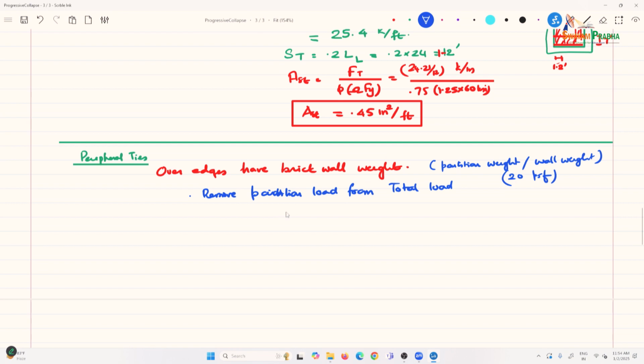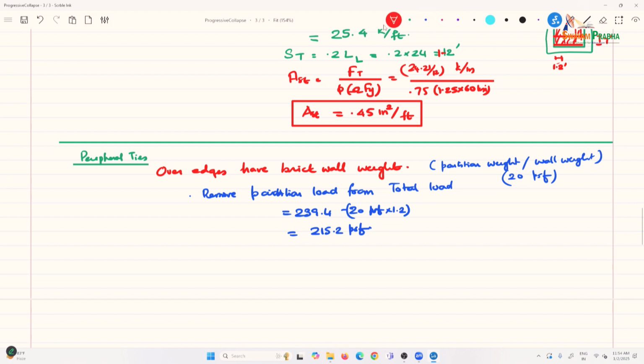So, this is 239.4 minus that factored 20 PSF times 1.2. So, value here is 215.2 because we will add it back in a slightly different way.